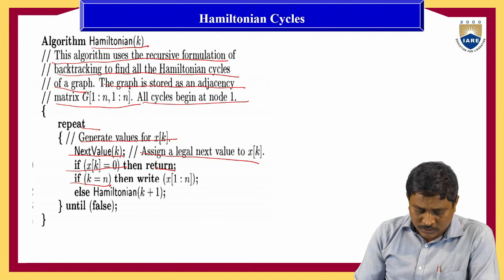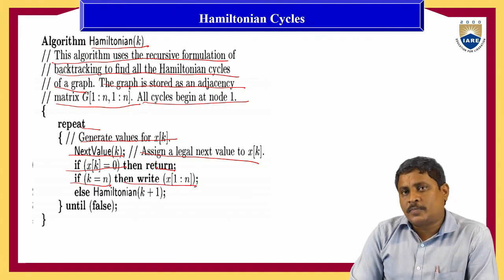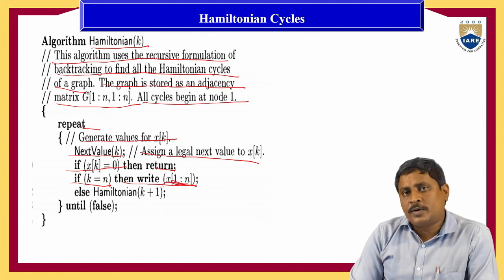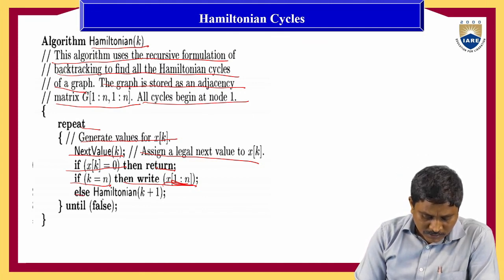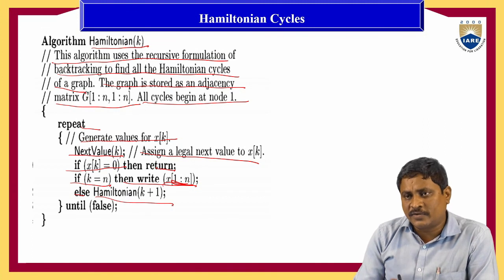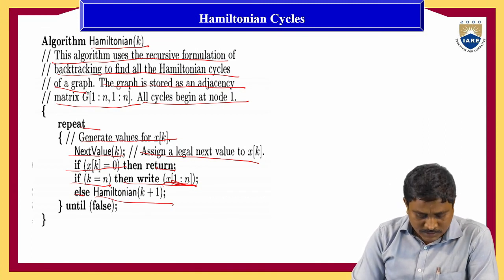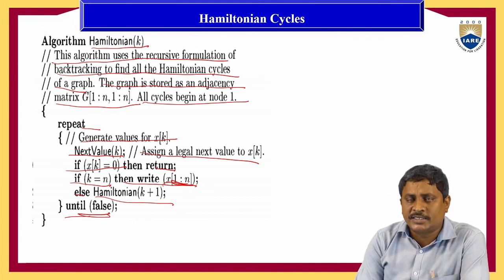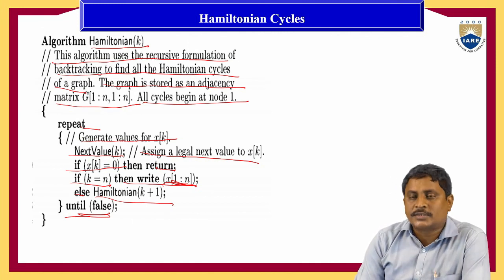So write that path, that Hamiltonian cycle, the vertices which are included in that Hamiltonian cycle. Else Hamiltonian of k plus 1. So we repeat for the remaining vertices until false, that means until visiting all the vertices, we repeat this process.